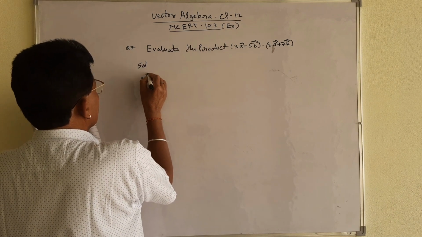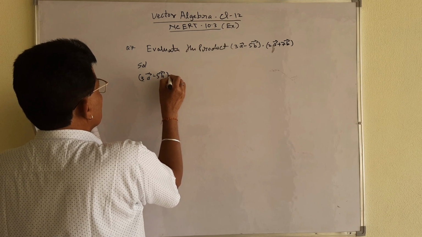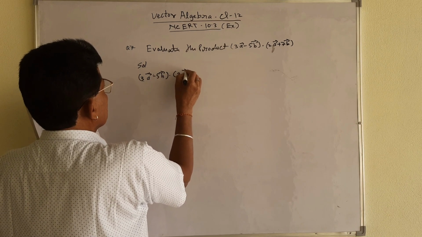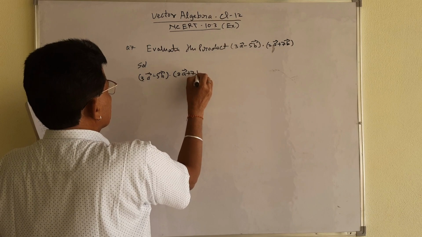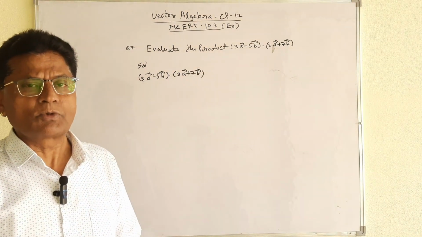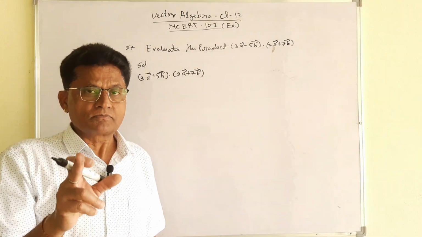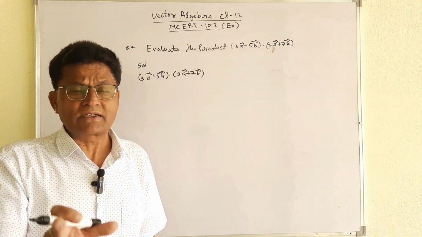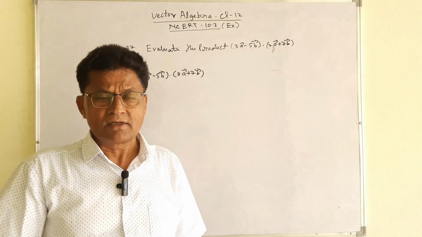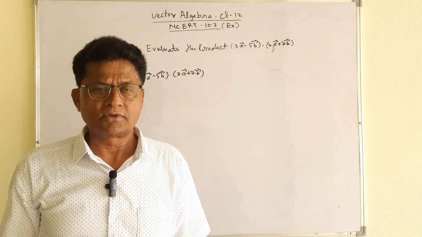3a vector minus 5b vector, dot product with 2a vector plus 7b vector. My dear student, before starting this dot product, you must keep in mind that while getting the dot product of 2 vectors, you must multiply only the corresponding scalar components of both the vectors.